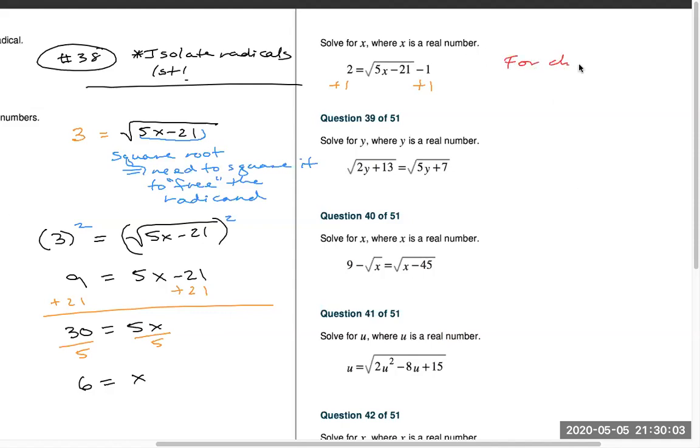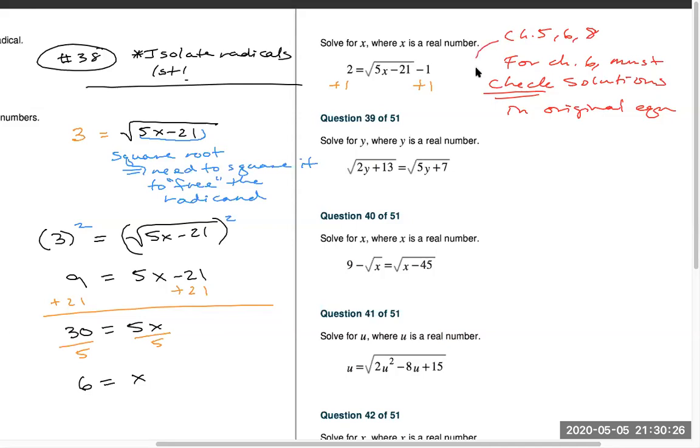For chapter 6, must check solutions in original equation. As a matter of fact, this is pretty much for chapters 5, 6, and I believe 8. You must check your solutions to make sure that there are no domain issues.